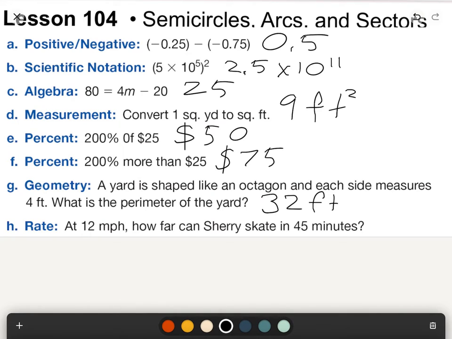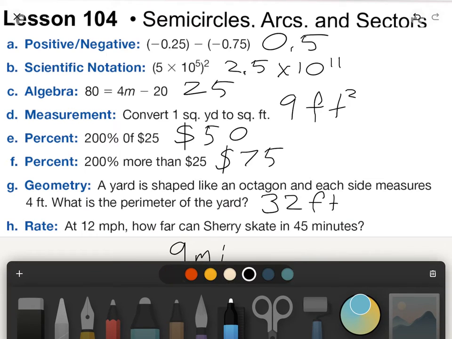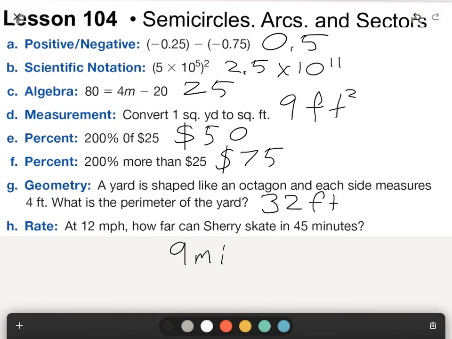Then for this, 45 minutes is 3/4 of an hour, and so we're looking at 3/4 of 12, being 9 miles. These mental math seem pretty relaxing and satisfying, and really, this whole lesson is pretty relaxing and satisfying at the same time.